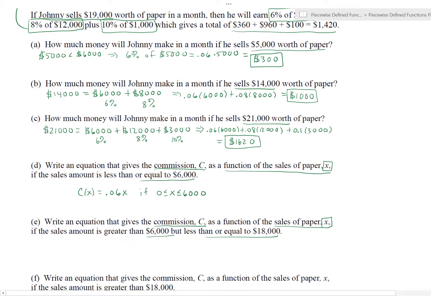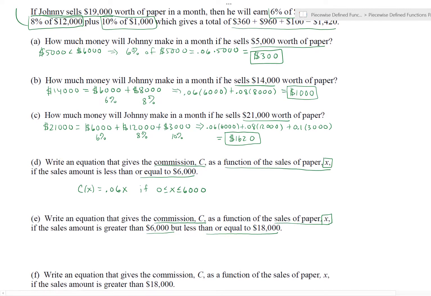Well, if he sold more than 6,000, then he's automatically going to get 6% of that first 6,000 because he sold more than that. So the first 6,000, you always get 6% of that. But then he's going to get 8% of anything after the first 6,000, but less than or equal to 18,000.